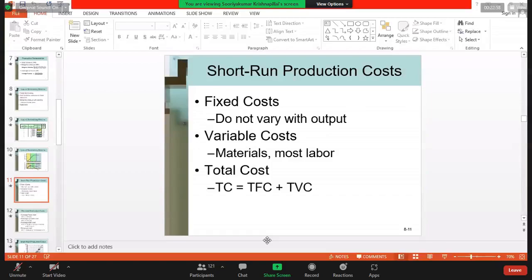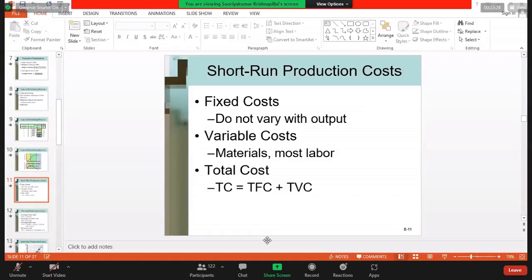If you draw the fixed cost curve, with fixed cost on the vertical axis and output on the horizontal axis, then fixed cost is a horizontal line parallel to the output axis. So fixed costs do not vary, but variable costs increase with the level of output.